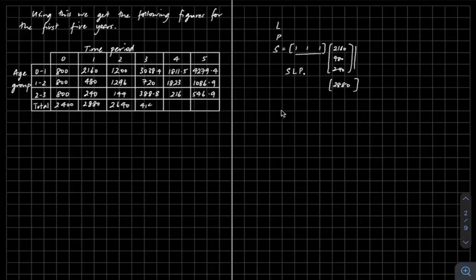So this one's 4147.2. Let's go with 3850.6, and this one here 5913.2. So that S matrix allows us to add up each of those.